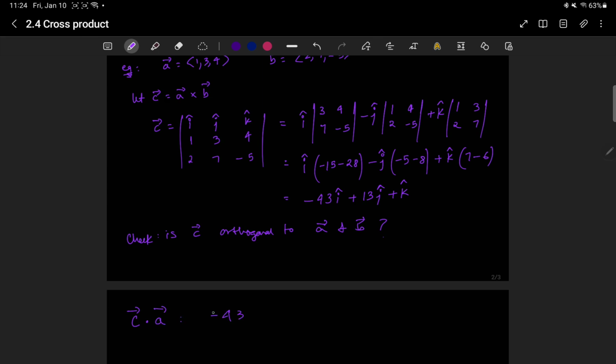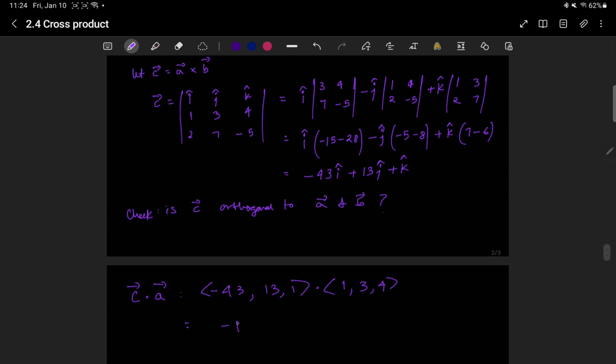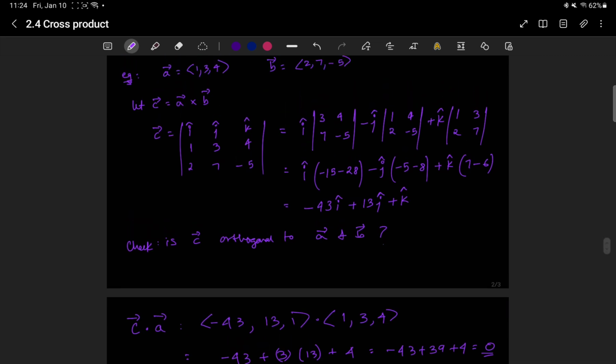So if I dot -43, 13, 1 with 1, 3, 4, let's see what we get. We get negative 43 plus 3 times 13 plus 4, which is negative 43 plus 39 plus 4, which is 0. So yes, it is perpendicular to A. And if you do the same thing for B, it will be perpendicular to B as well.